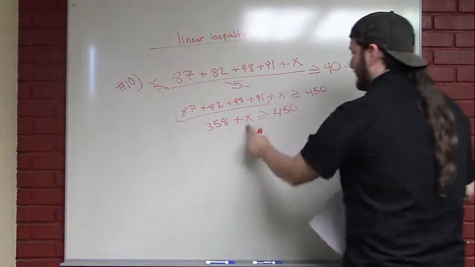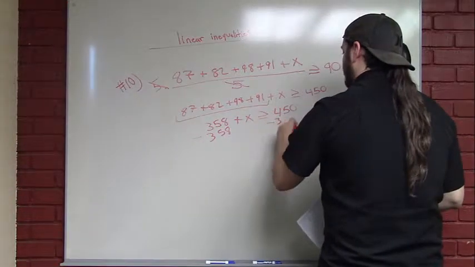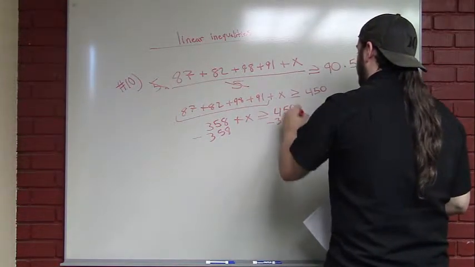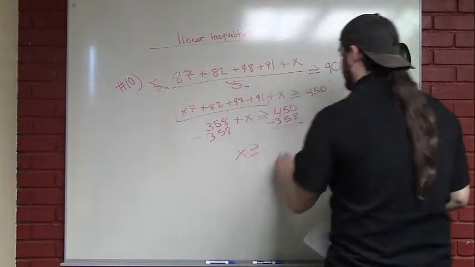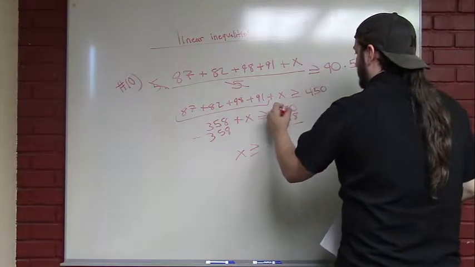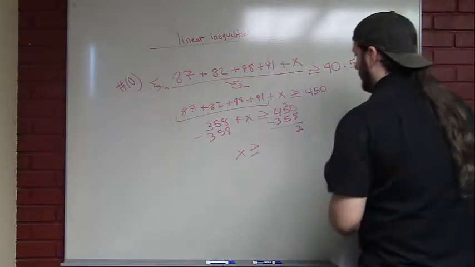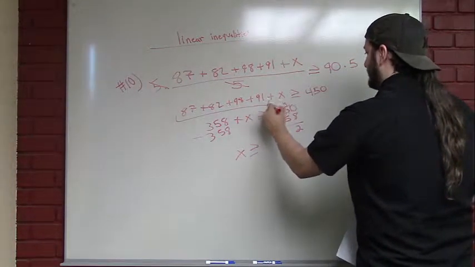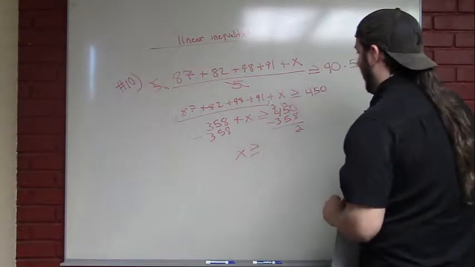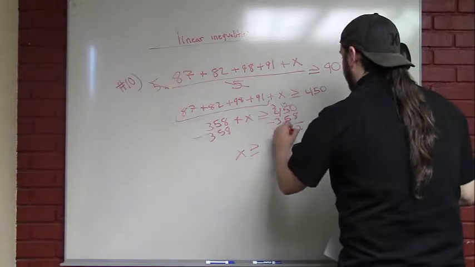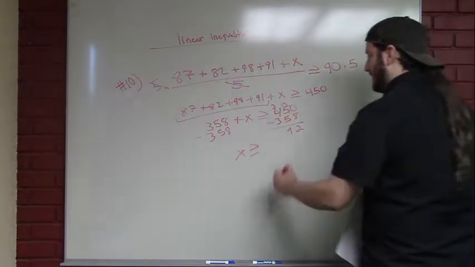450. Solve for x, you have to subtract 358 from both sides, okay? So we're going to have x is greater than or equal to 450 minus 358. You have to borrow, this would be a 4, this is a 10, 10 minus 8 is 2, you're going to have to borrow again, this is 3, this is 14, 14 minus 5 is going to be 9, and then 3 minus 3 is 0.